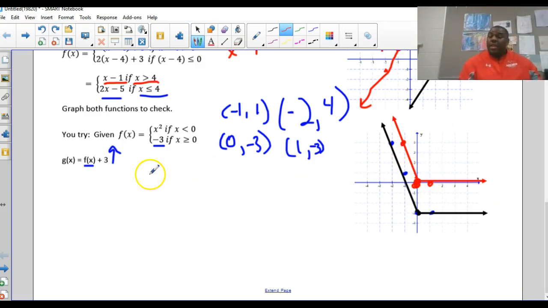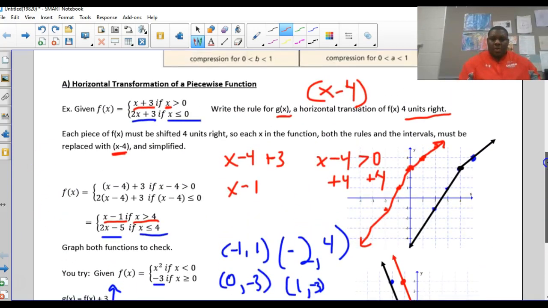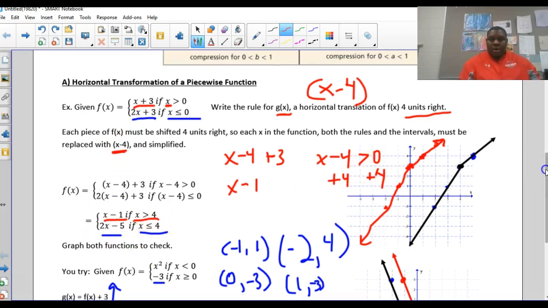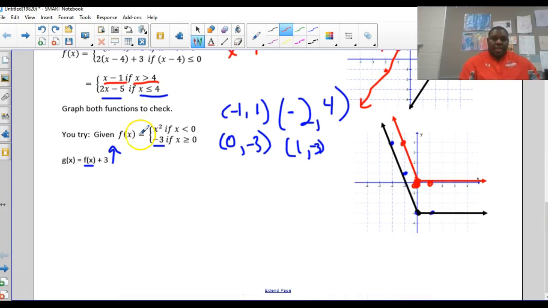A little different thing happened though. I want to point out that you guys see how right here, this transformation will give us the 4 being subtracted from the x. So that's why the x values change. I want to point out this is a y transformation.